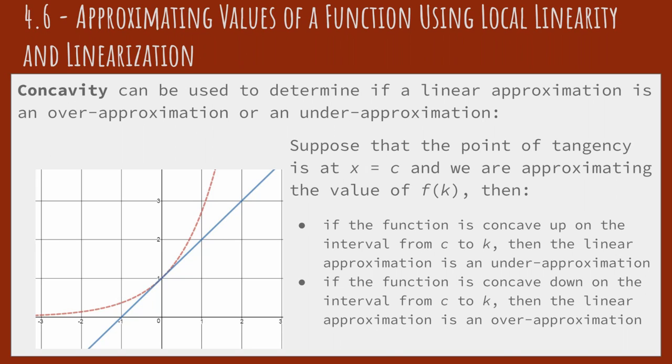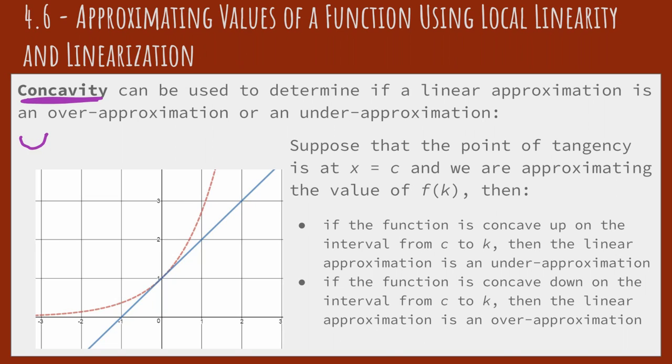If the point of tangency is at x equals c, then when we're approximating the value of the function close to c, we can also tell if the approximation is going to be too big, an over approximation, or too small. So remember concavity, which we've talked about before. Concavity just tells us which way a curve is curving.